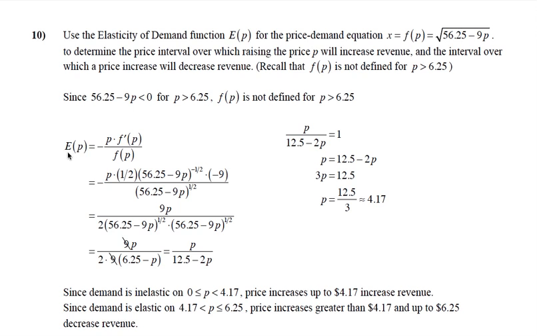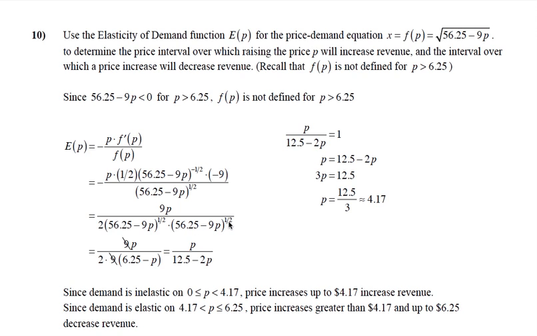So to find the elasticity, we're going to need the derivative of f of p, this function here. The best way to do that is to write this 56.25 minus 9p raised to the half. We write that radical with the rational exponent.